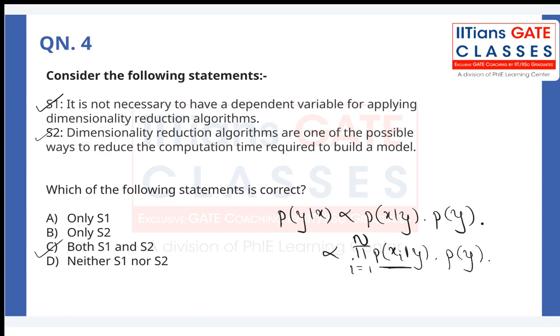So if you can reduce it to little n, then the number of product terms will become lesser, and your computation time for the model will be much more reduced.